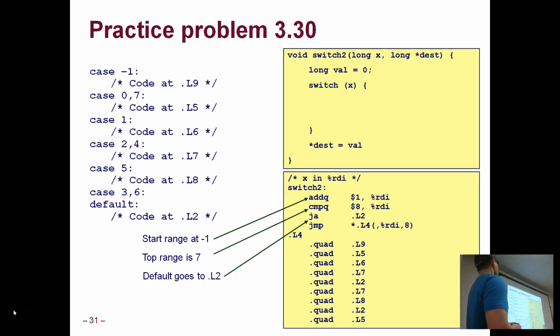So if the starting range was 2, let's say the index was 2, then the start range would be -2, and the top range would be 6. Yep. And this will be for your binary: if you see 15,000 is subtracted, then you know that the case statement starts at 15,000. That's your 0.